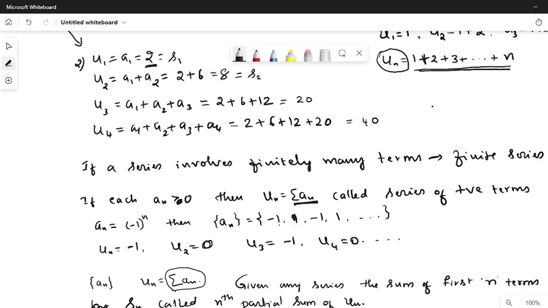So for these particular examples, whatever I have taken so far, you have S1, S2, S3 and so on. There is not much difference between u1, u2, u3 and S1, S2, S3 for these particular examples. But in general, if you have any series u_n, then S_n represents the sum of the first n terms.